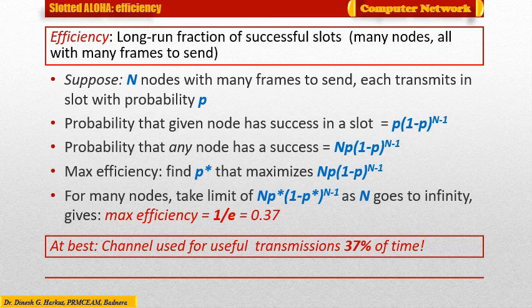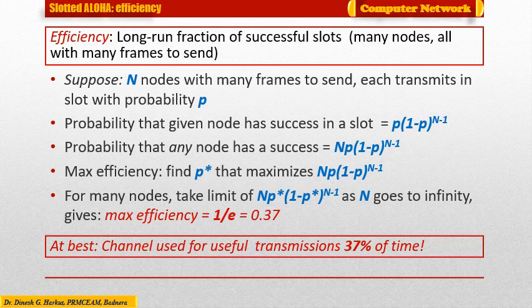And since there are n nodes, the probability that any node has success in a slot is given by n times P times (1 minus P) raised to n minus 1.